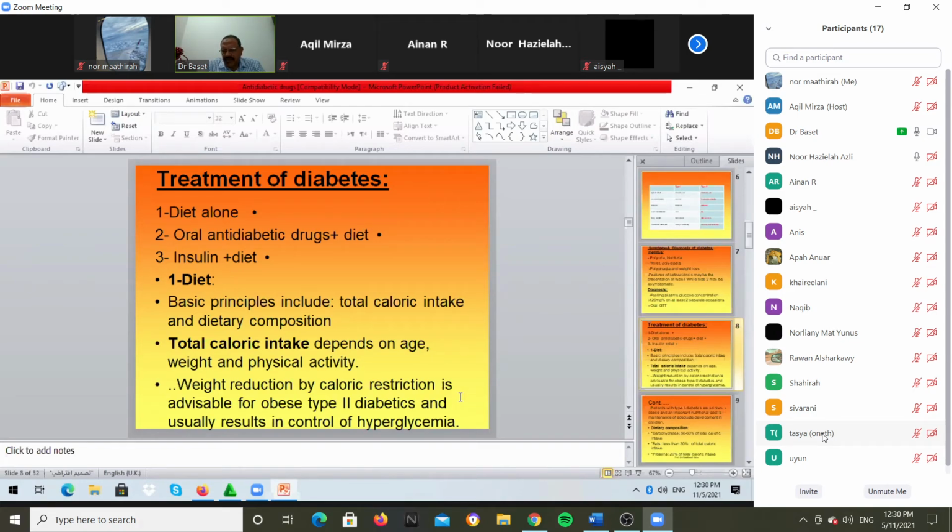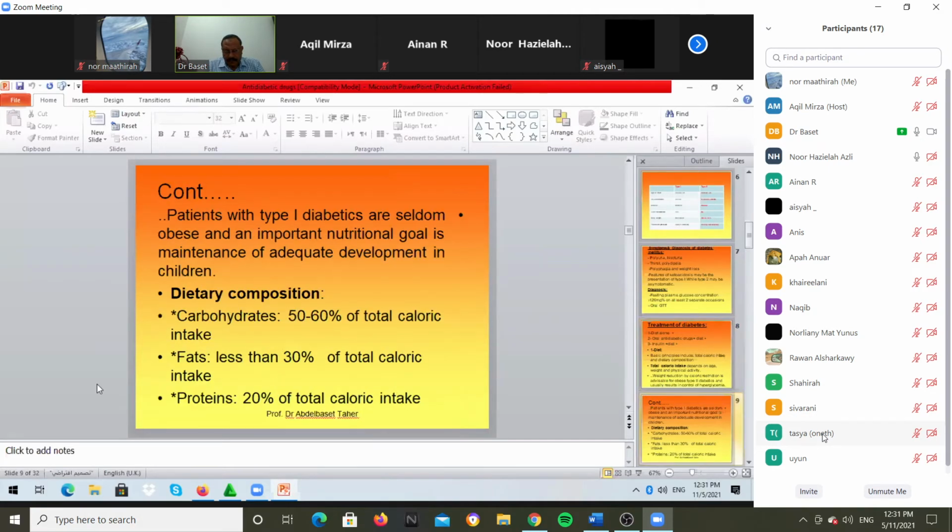Biguanide is not hypoglycemic, it may be euglycemic only, but has a good advantage for those patients who are obese. It is contraindicated in type 1, who tend to be thin and not obese. So weight reduction is very important if my patient is obese. This is in type 2. A patient with type 1 is very rarely obese, not like type 2, of which about 85% are obese.